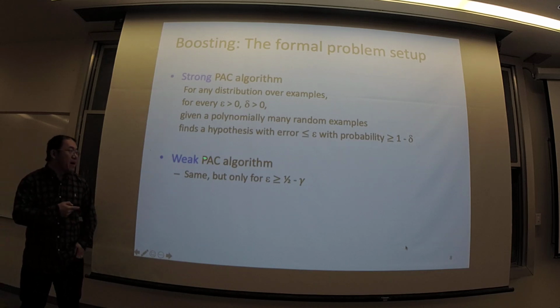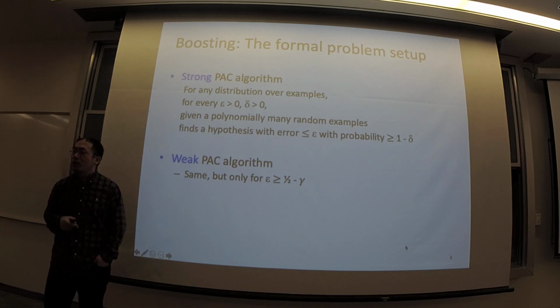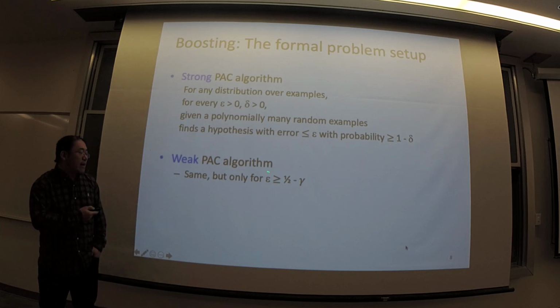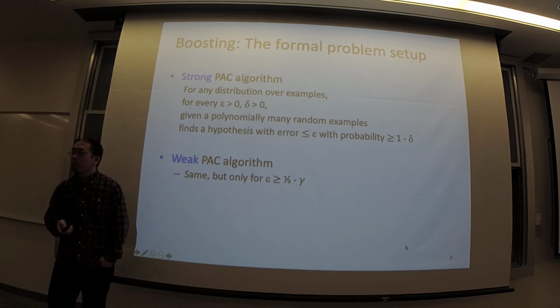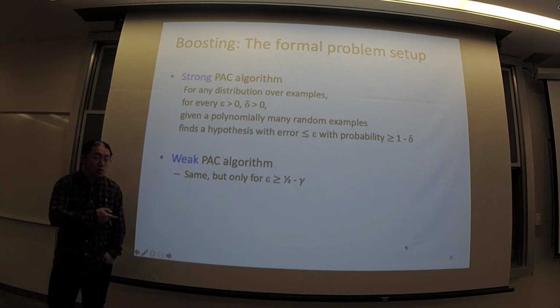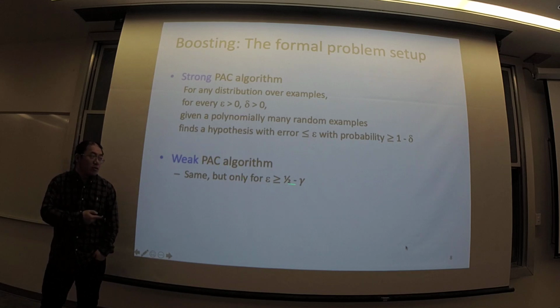But for a weak PAC algorithm, epsilon has some lower bound. It cannot be arbitrarily small. Instead, it has a lower bound of one half minus gamma. So gamma is a positive number, and usually gamma is very small. It means that your weak PAC algorithm is just slightly better than a random classifier.